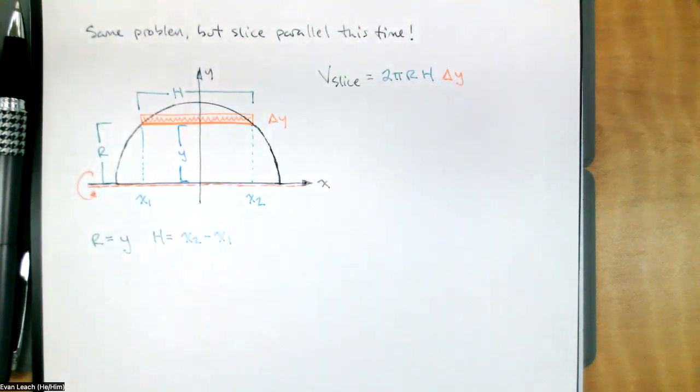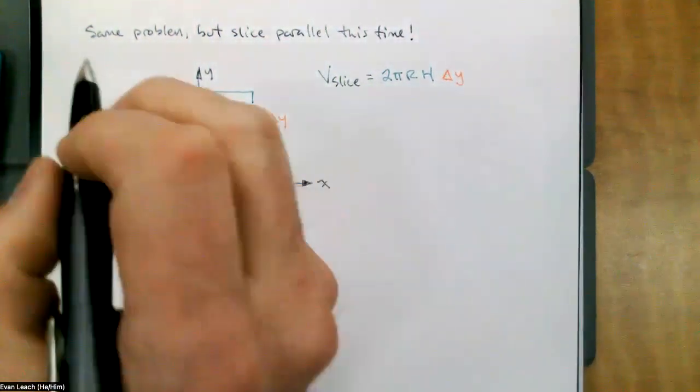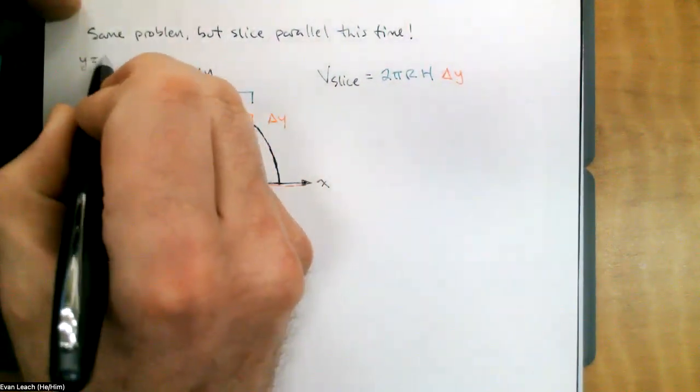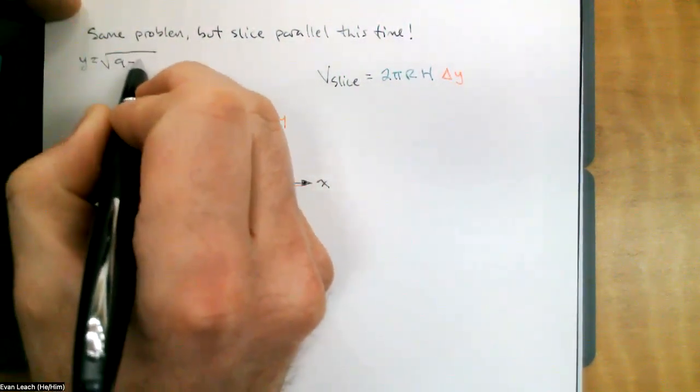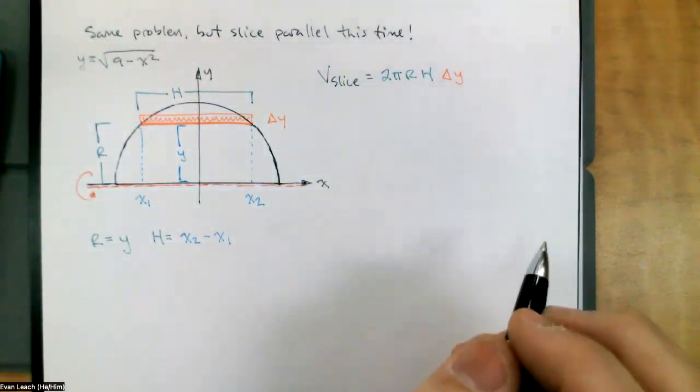I need these in terms of y, not x. The relationship we have between y and x is that y is the square root of 9 minus x squared. So if we solve this for x, we get that x is equal to plus or minus the square root of 9 minus y squared.